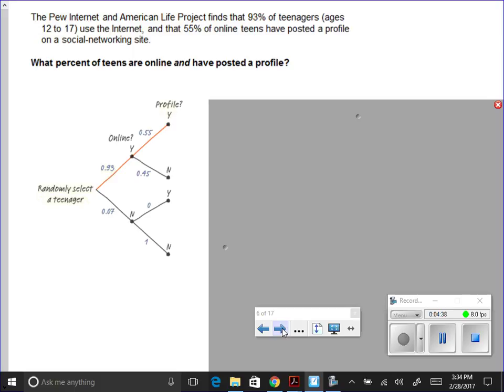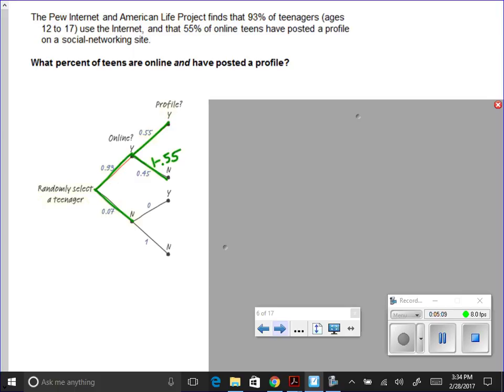This is about teenagers and their internet usage, and those who have a profile on a social networking site. 93% are online, which means 7% are not online. Of those that are online, 55% have a profile, therefore 45% do not. We find this by doing 1 minus 55.